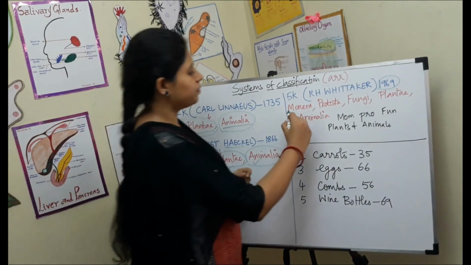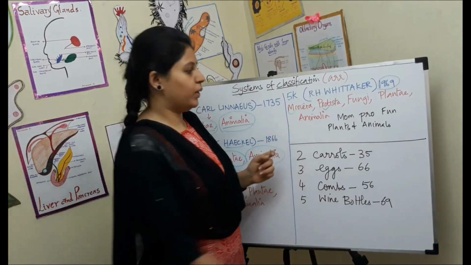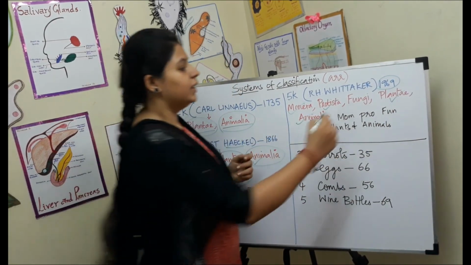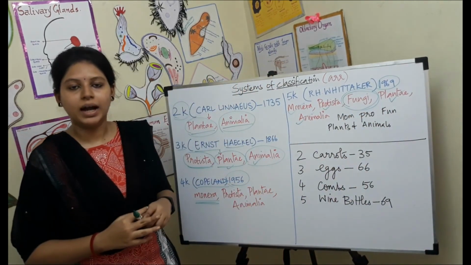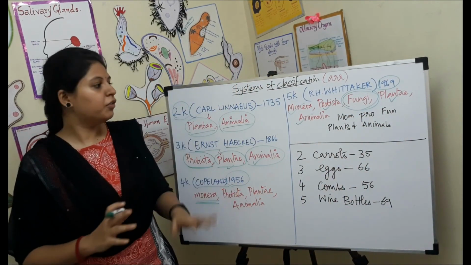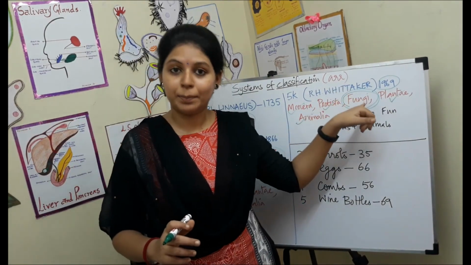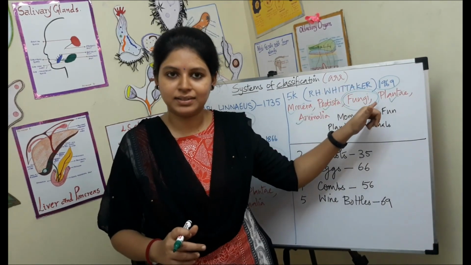So Monera, we know bacteria. Protista, protozoans. Plantae, plants. Animalia, animals. Now fungi. He introduced a separate kingdom for fungi because fungi can never be placed under plants or protozoans. Fungi is a separate kingdom because it has its own separate characteristics.